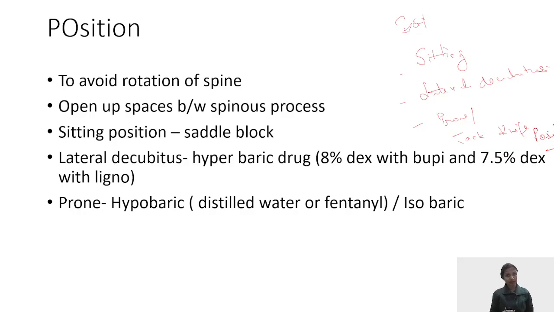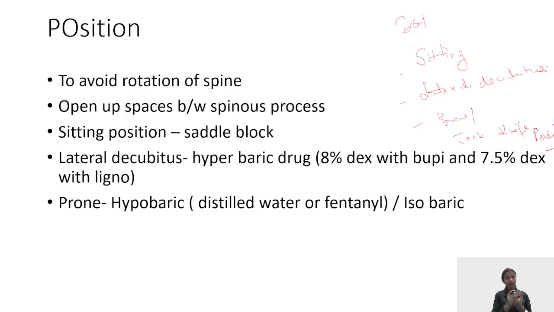The prone position is used very, very less, and generally only in those cases in which surgery is also meant to be done in that position, like your fistulas, etc. So this is the least preferred position. Generally, lateral decubitus and sitting positions are used.